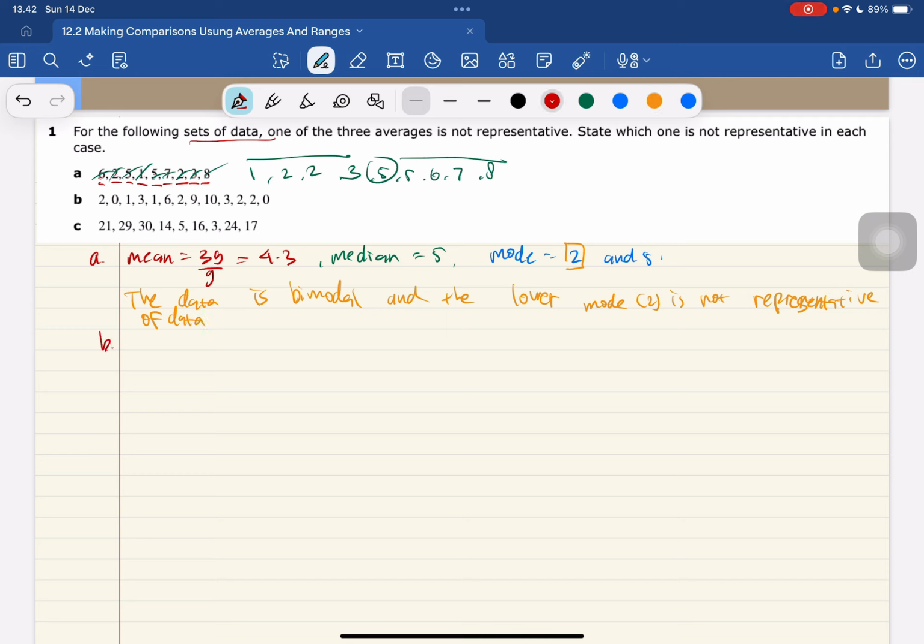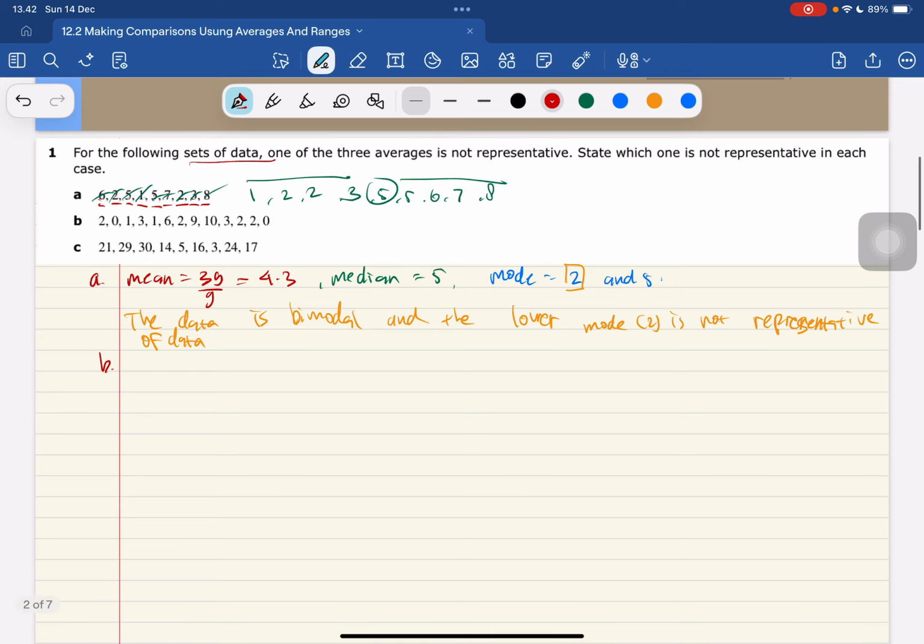Now B, let us still do it. Find the mean. So we'll make a sum of the data: 2 plus 0 plus 1 plus 3, and that's plus 1 plus 6, then plus 2 plus 9 plus 10, plus 3 plus 2, and plus 2 again, and plus 0.